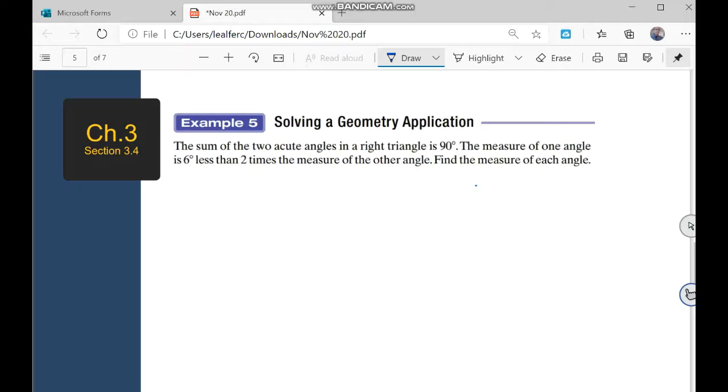But this is useful. The sum of two acute angles in a right triangle is 90 degrees. So we have two acute angles, x and y, and the sum is 90 degrees. The measure of one angle is 6 less than 2 times the measure of the other angle. That means x equals 2 times the other angle, 2 times y, less 6, minus 6.